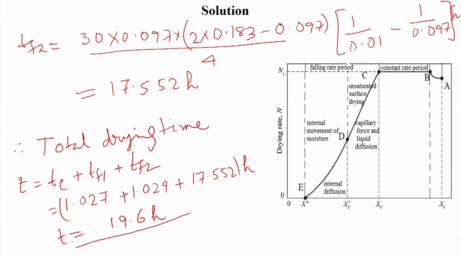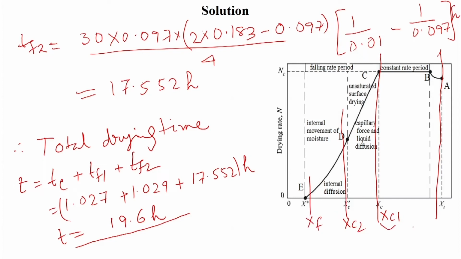Here you see, out of these 3 drying times, the first from xi to xc1 takes only 1.027 hour, then from xc1 to xc2 takes 1.029 hours, but xc2 to xf took 17.552 hours.